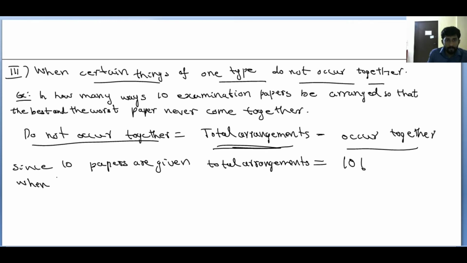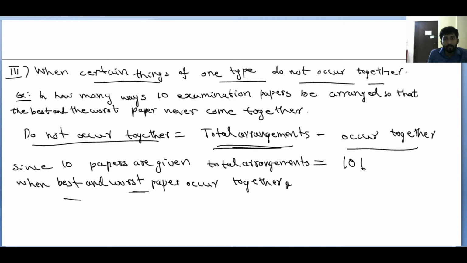When best and worst paper occur together, how many papers are there? 2 papers, right? Best paper, that is 1 unit. Worst paper, that is 1 unit. Treat those 2 papers as a single unit, because you are calculating best and worst occur together first.